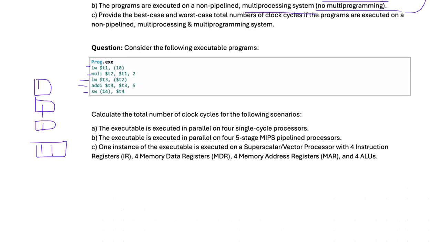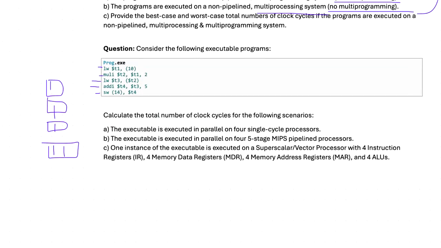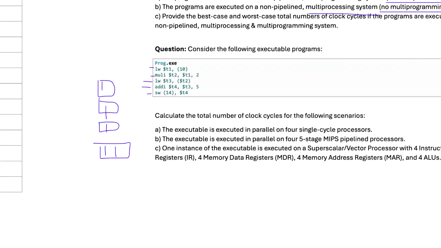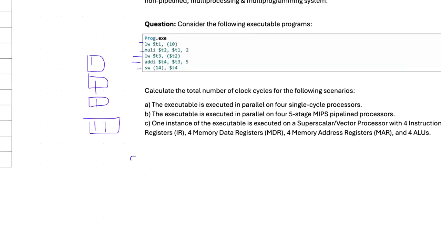And because of that, that's going to be kind of what we're doing on the superscalar side. So if we had core 1, core 2, core 3, core 4, just like the last one, we would do our fetch.